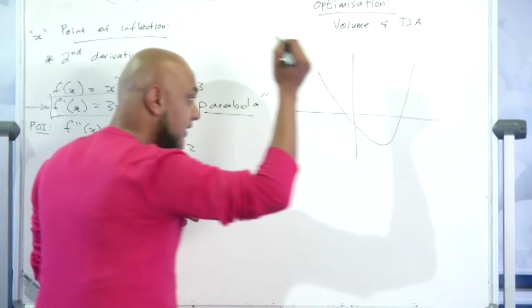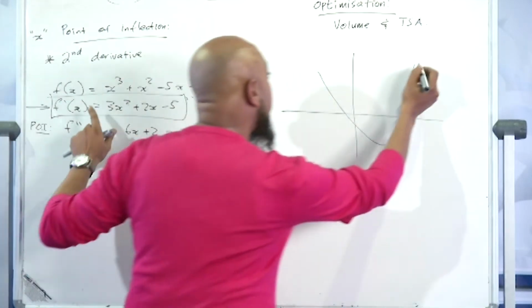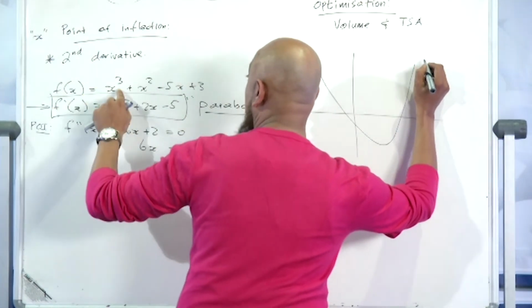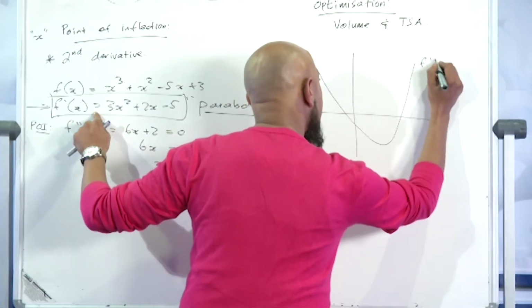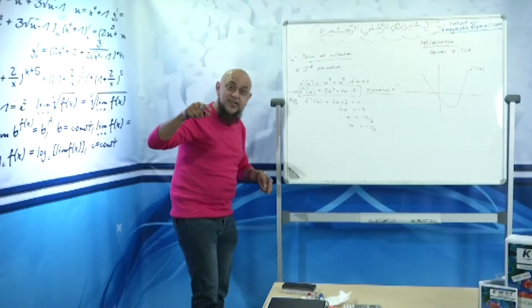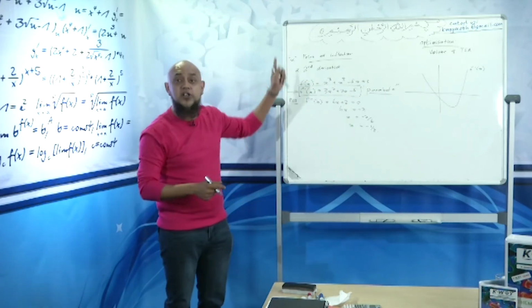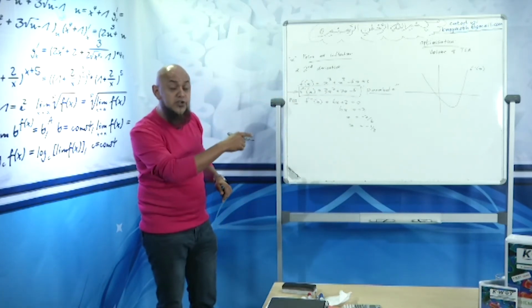This is not f of x, because f of x was your cubic; this is f dash x. Sometimes in the exam they will give you the sketch of the derivative of the original. I'll show you how to handle that.